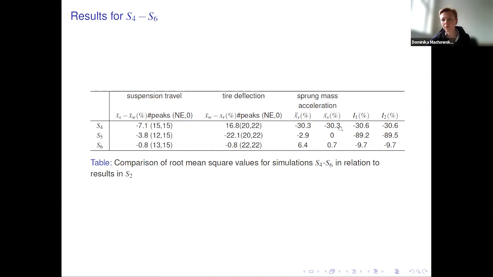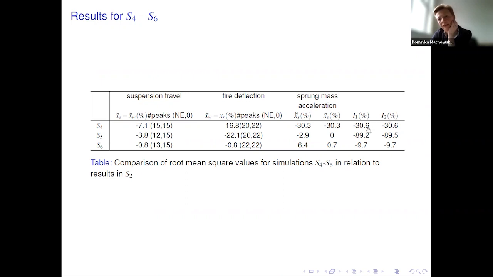What about comfort? We increase the comfort for the case without any delay. We don't have much difference with the constant delay, but we have some decline in the comfort for the system with time varying delay.